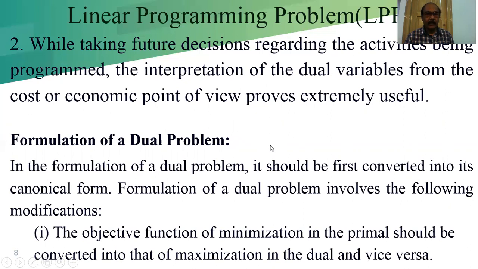Maximization problem is less than or equal to, and minimization problem is greater than or equal to. In this case, the right hand side may be negative, but we have to convert it to the canonical form. All the constraints we have to make less than or equal to for the maximization problem, and for the minimization problem it should be greater than or equal to.